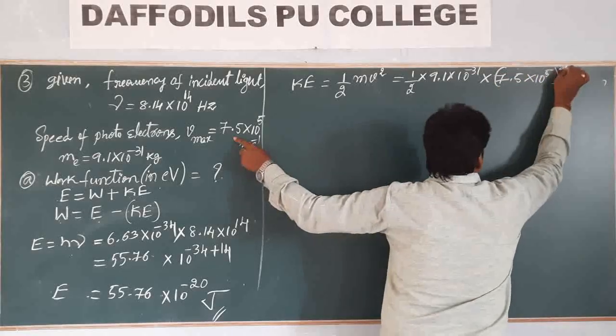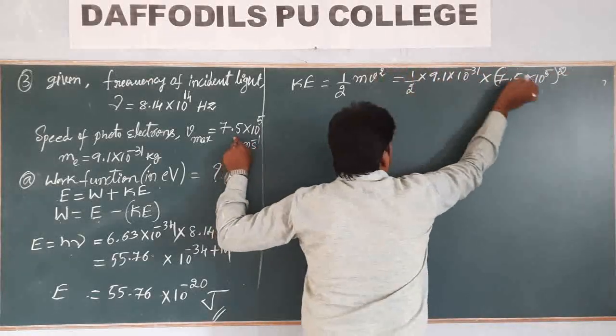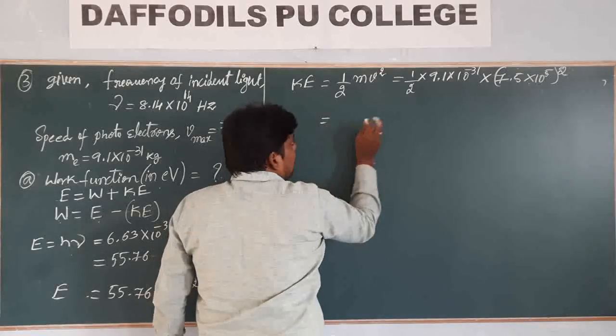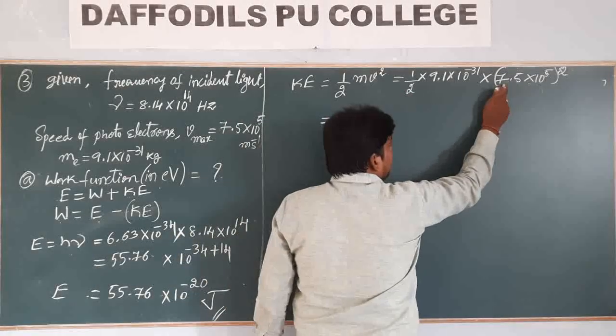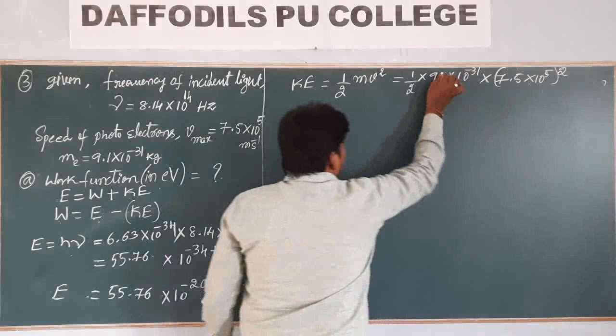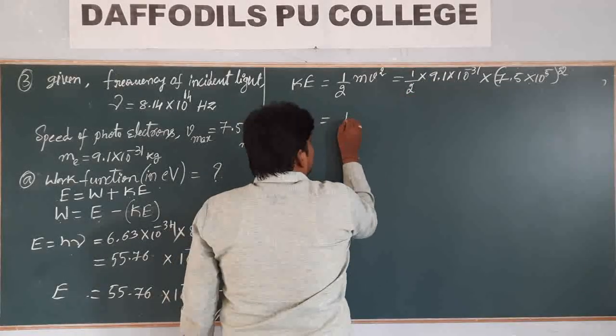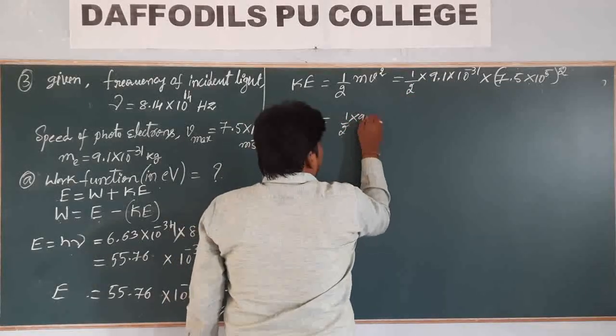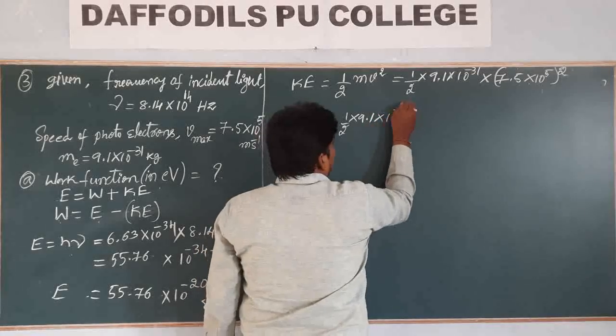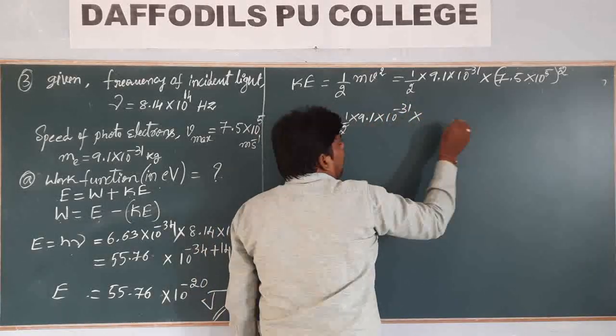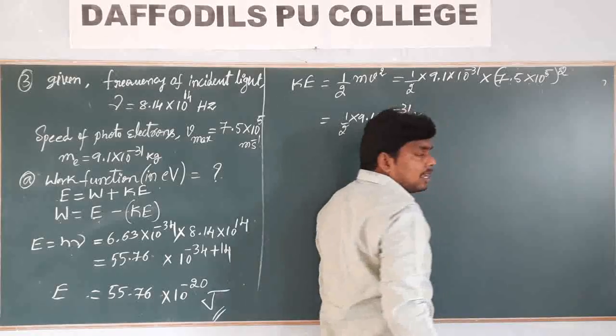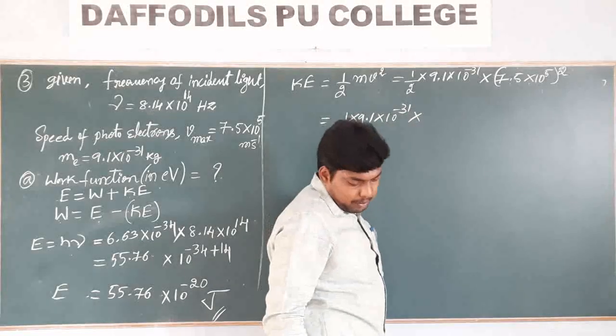You make this v square. Now before multiplying the entire thing, first calculate 7.5 square, that is 7.5 into 7.5. What is the value?